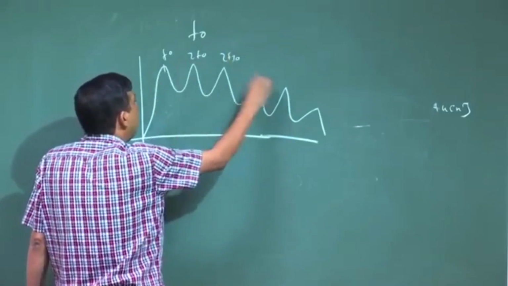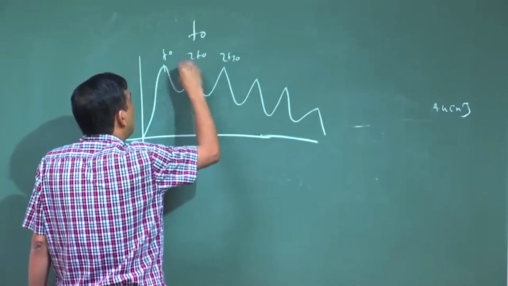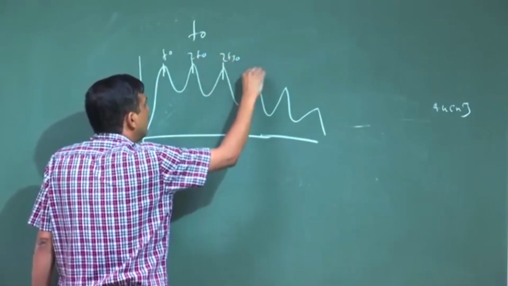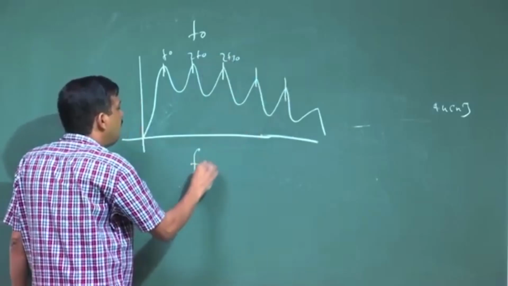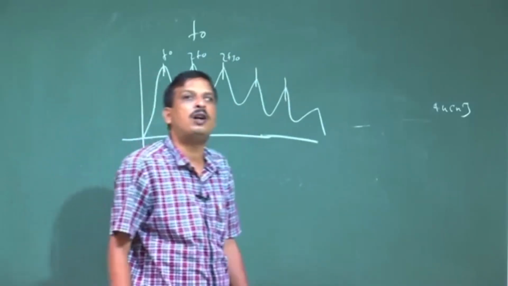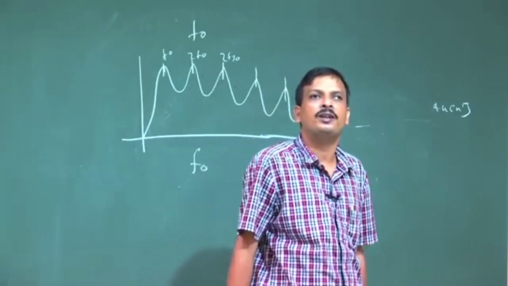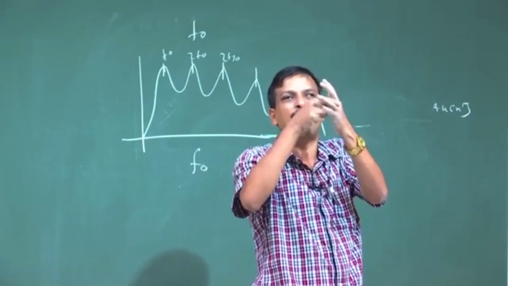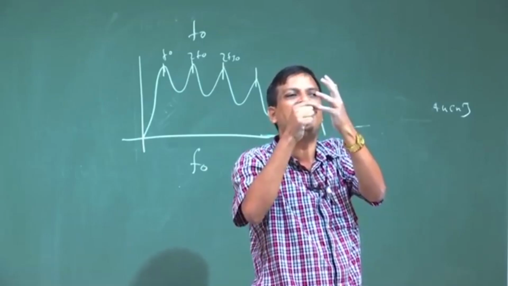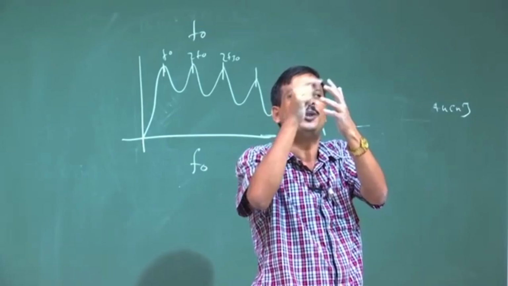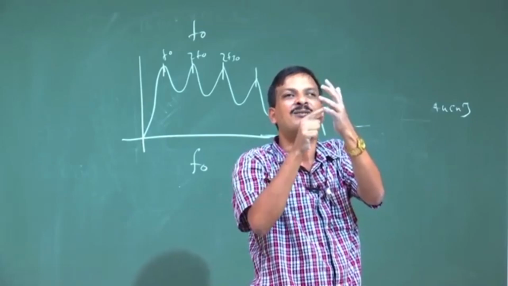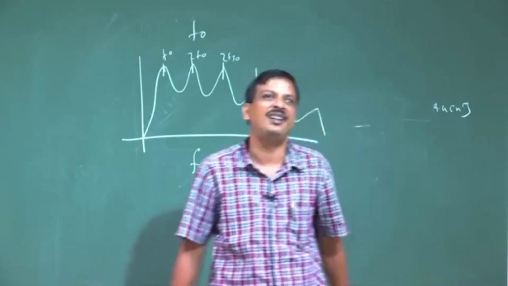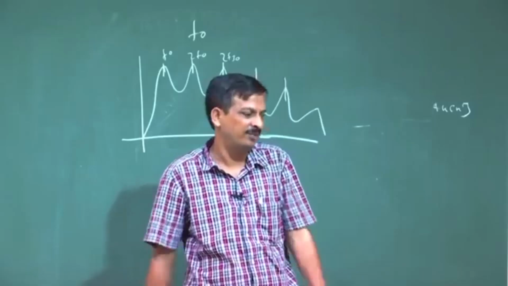From there I can find the repetition distance, and that gives me the F0 value. So, how do you do that? It is called comb filtering. If you remember, the comb has peaks and gaps. If this is F0 beginning, twice F0, 3 F0, 4 F0, then I can find the rough average difference between these gaps, and that gives me the average value of the F0. That is the idea. Okay.